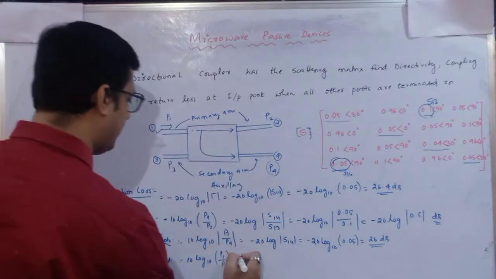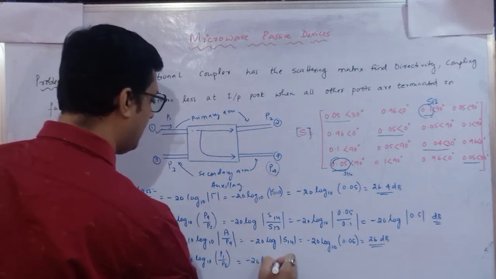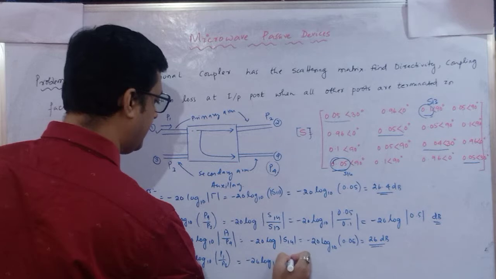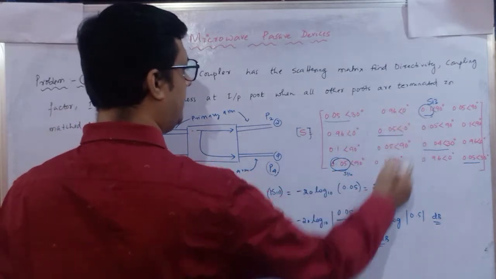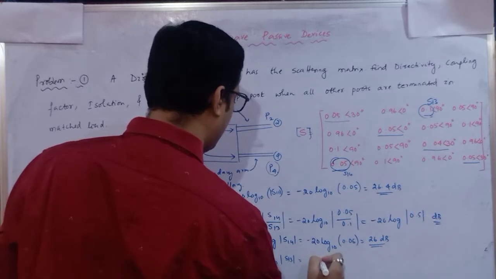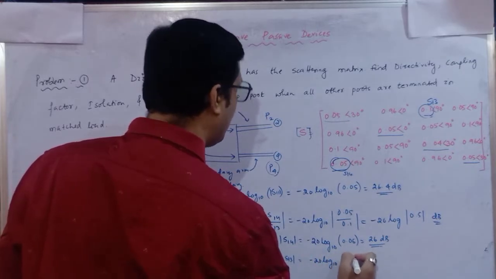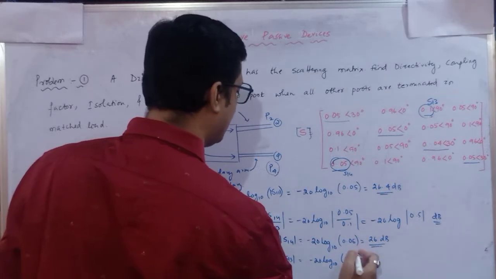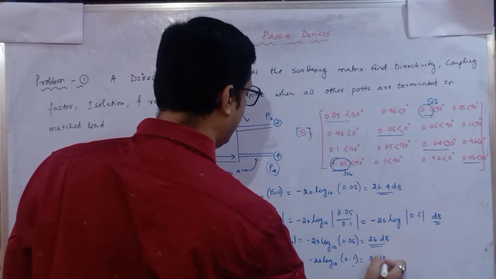So here I can substitute minus 20 log base 10 of mod S13. S13 is how much? 0.1. So it is minus 20 log base 10 of 0.1. So you will get near about 20 dB.